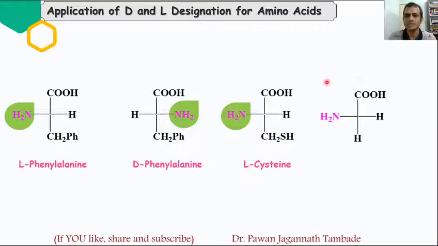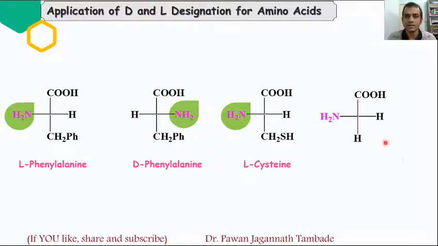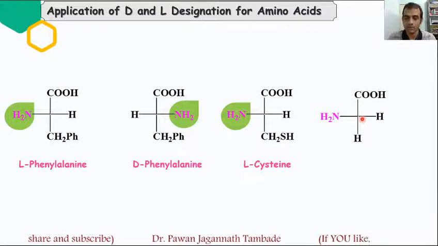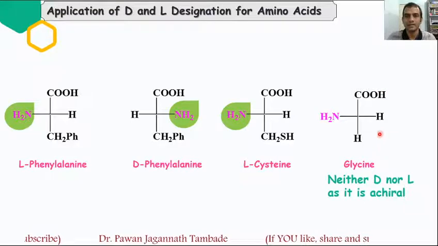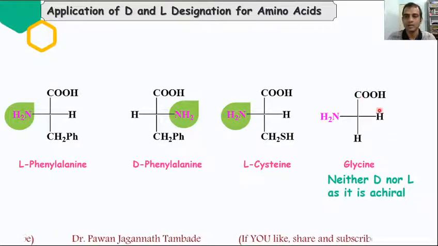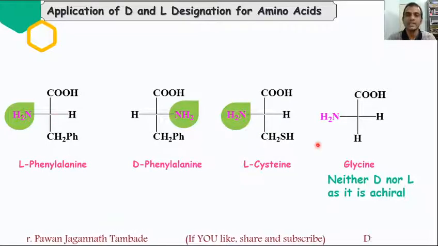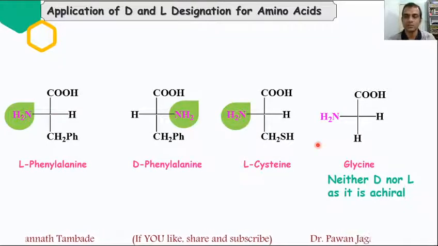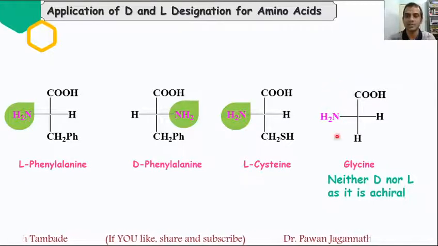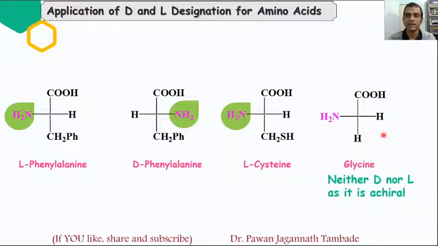But if you look at this structure carefully, you will note that this molecule does not possess any chiral center. Because of that, we cannot designate it either D or L, because this molecule is an achiral molecule. This DL designation is applicable to chiral structures only. So glycine is the only amino acid where we cannot use this D and L designation.